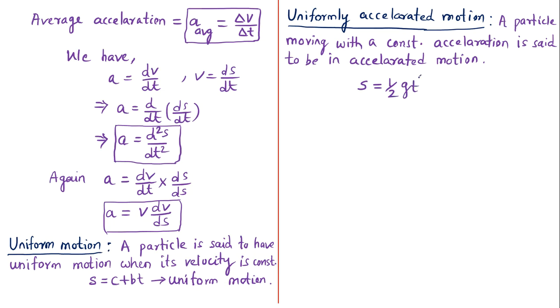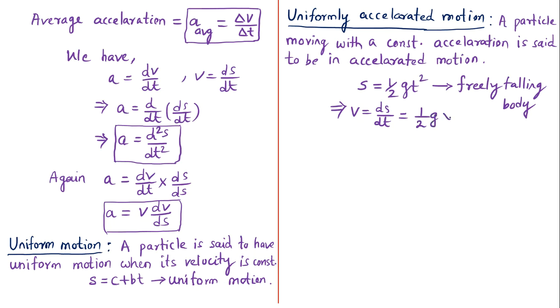Let us consider an example that s equals half gt square. This is the example of a freely falling body. For a freely falling body, the expression is s equals half gt square. If I find the velocity in this case, velocity equals ds by dt.